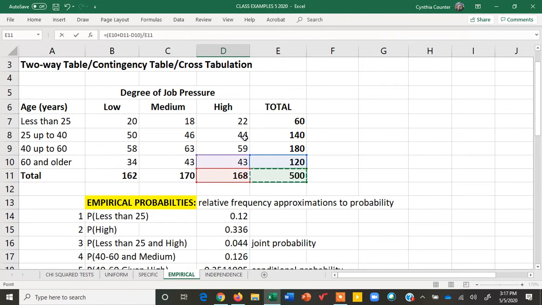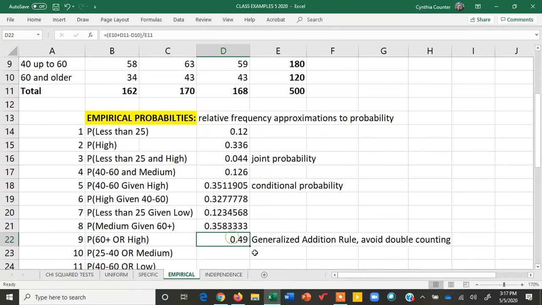What's neat is that when you're working with the table and clicking in here, because we have a column, a row, and the value in the intersection, and then the grand total is always here in the bottom right, we're always going to have a square here. These cells will always form like the vertices of a rectangle. So if something is out of line, you've clicked the wrong value. This probability ends up being 0.49, 49%.